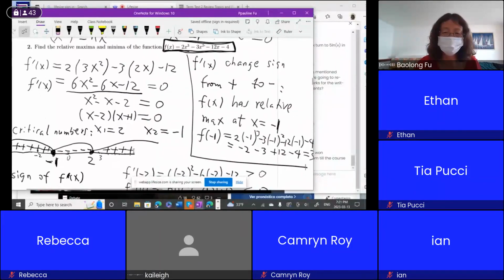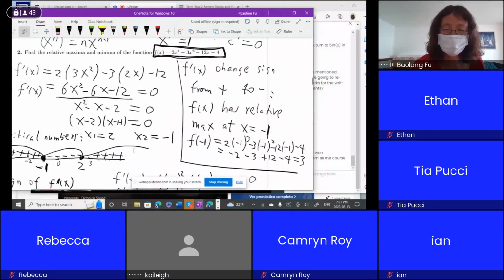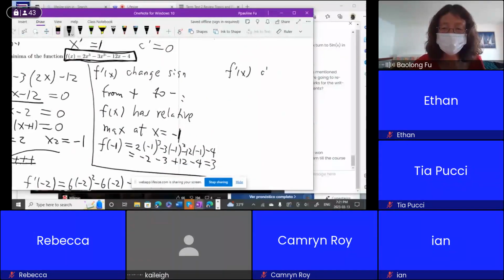So f prime, the derivative, changes sign from negative to positive, so f(x) has a relative minimum at x equal to 2.